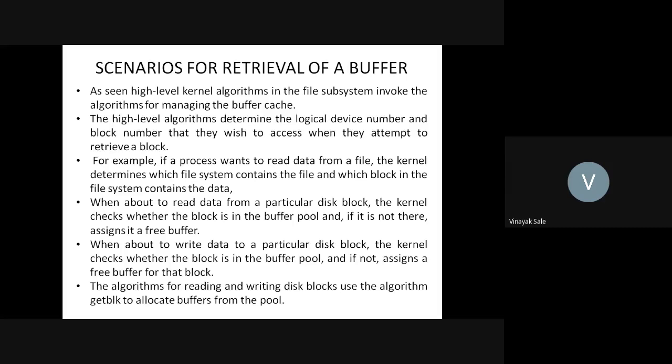When about to write data to a particular disk block, the kernel checks the block in the buffer pool. If not, it assigns a free buffer to that block. The algorithms for reading and writing these blocks use the algorithm getblk to allocate a buffer from the pool.